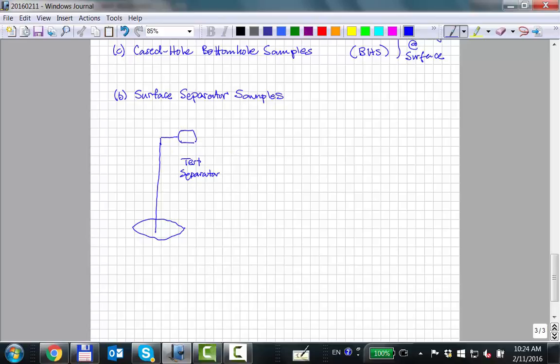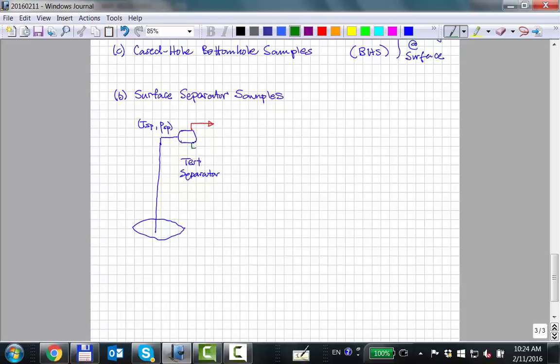So these are specifically for testing a single well, and you have control of the separator temperature and separator pressure. You have some control over that. And out of that separator comes a gas stream, and an oil stream.